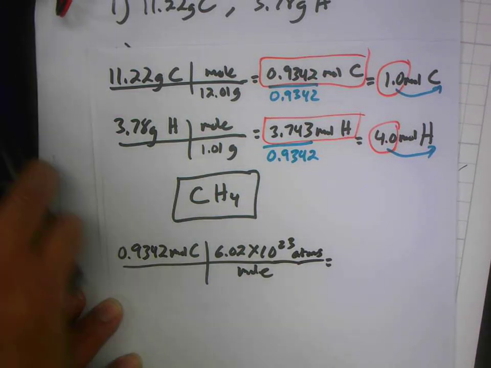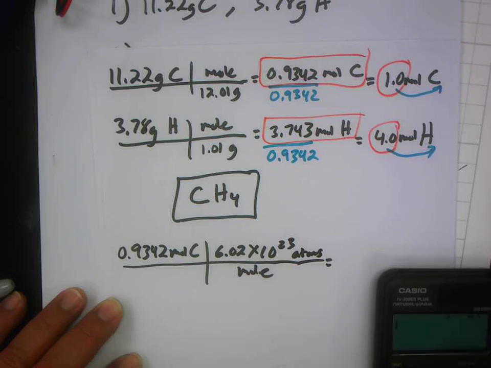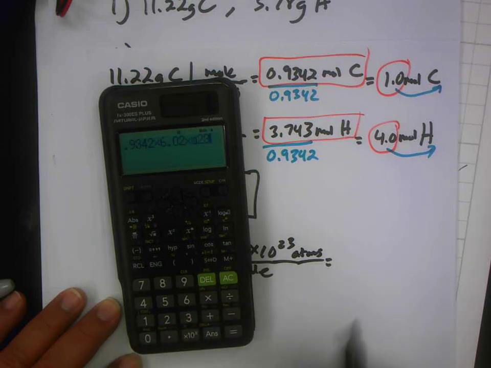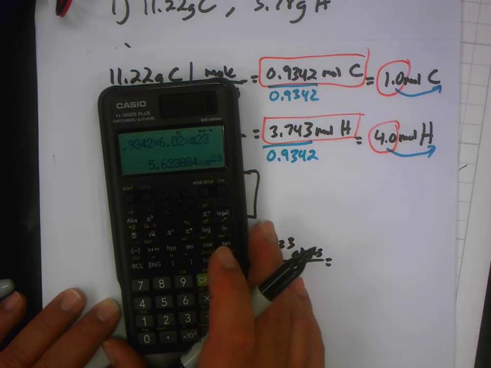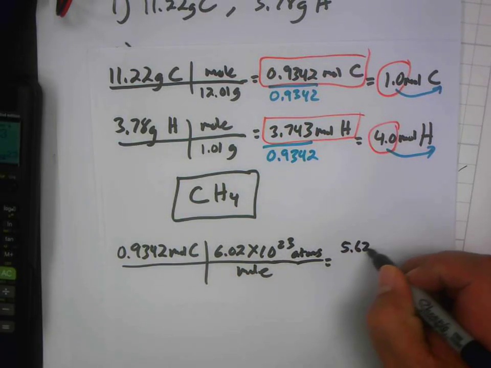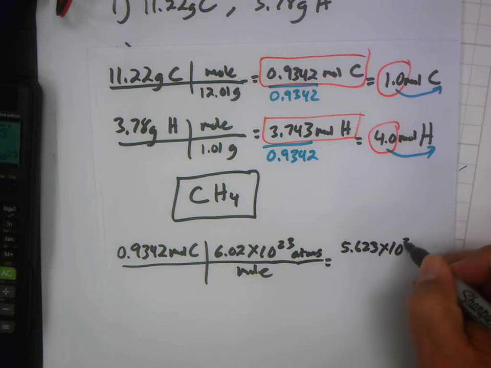If I take my 0.9342 moles times 6.02 times 10 to the 23rd, I get 5.623 times 10 to the 23rd atoms of carbon.